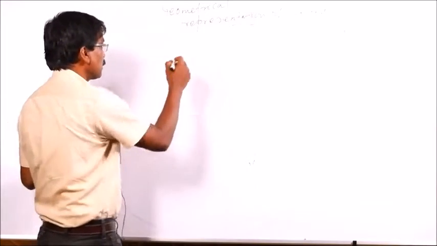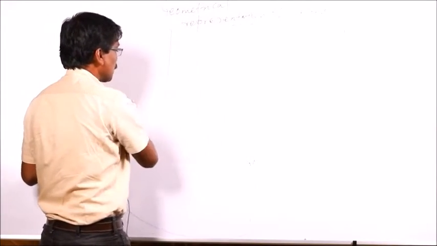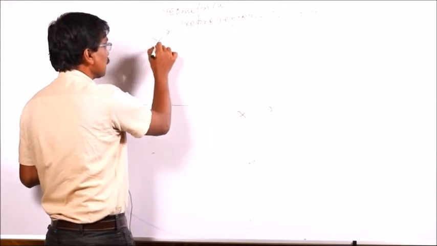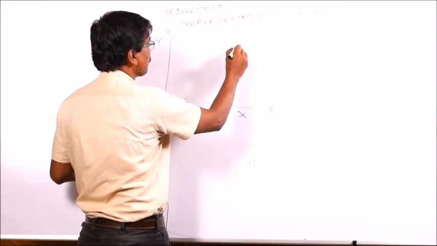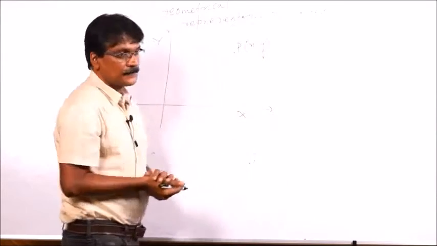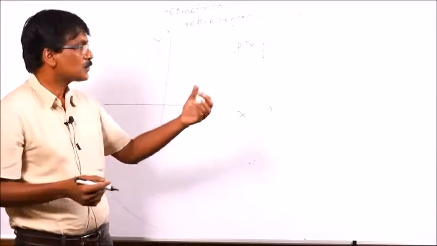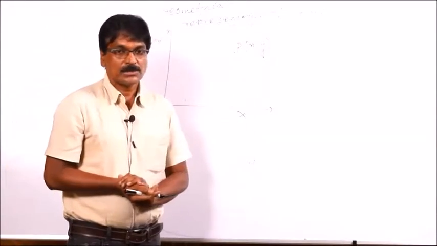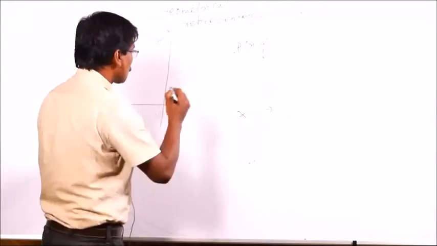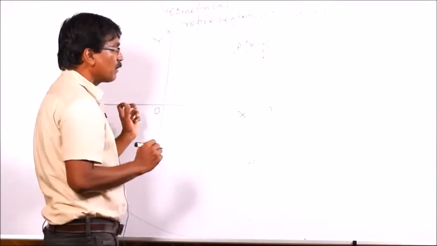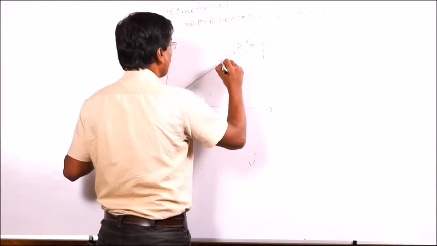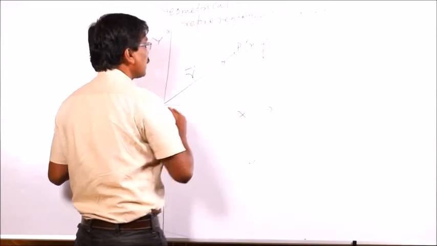In two dimensions, suppose that is the x axis and y axis. Suppose a point P has coordinates x, y. P is a point in two dimensions whose coordinate is x, y. So how do we represent it vectorially? If O is the initial point, we join OP as its position vector, r vector.